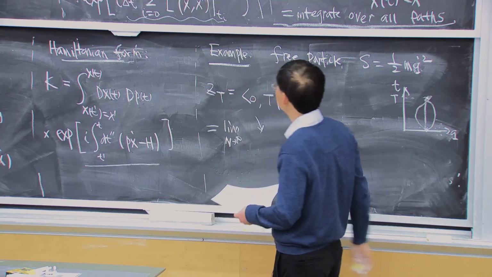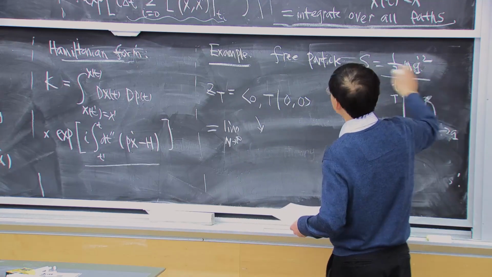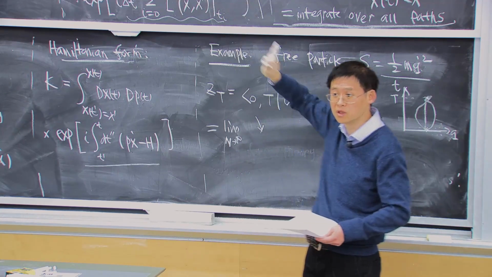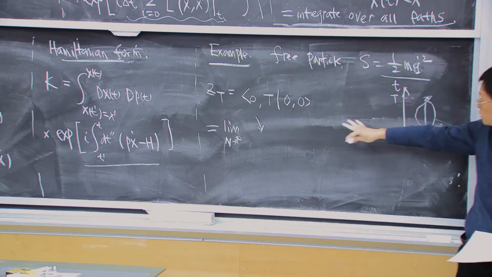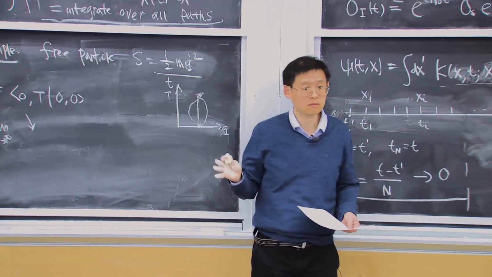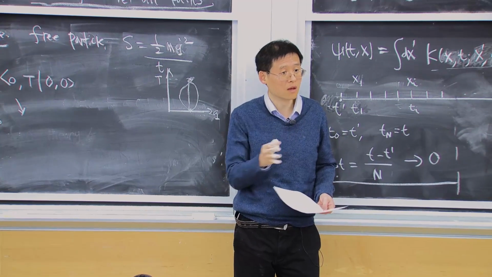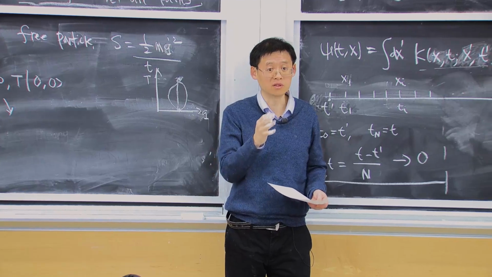Now in the integrand you only have 1/2 m q dot squared. There's no V term. You can just plug that into here. So now, in principle, you can calculate that integral, and I will leave it as an exercise for your homework, and you will find that it recovers the standard answer.